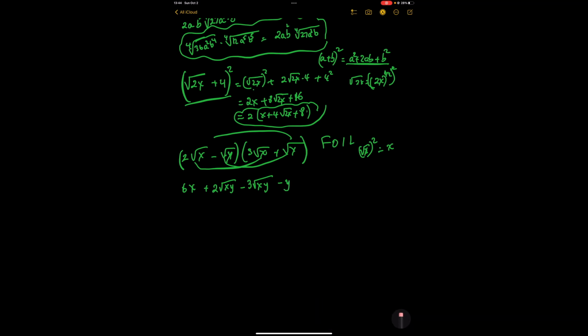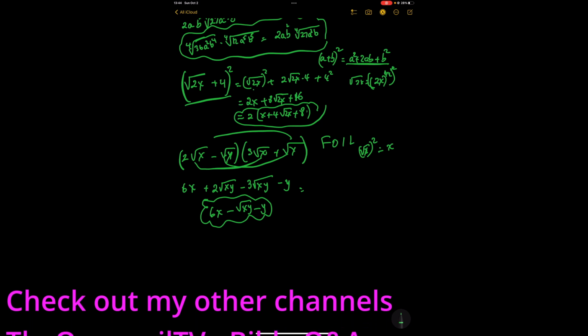And of course you do the addition, and that will be equal to 6x minus square root of xy minus y. And that's basically your answer right here.